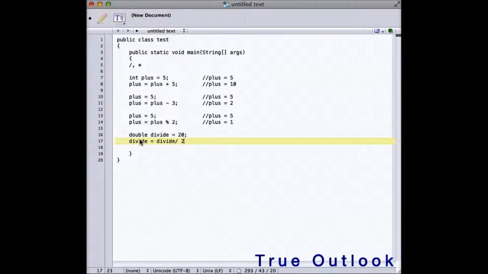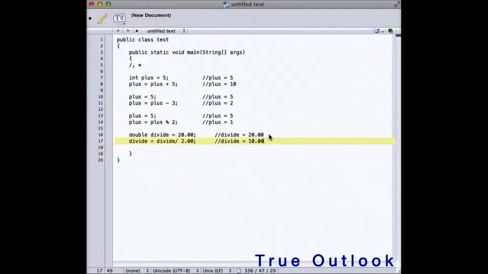So here, divide would be equal to 20, and this part here, divide would be equal to 10, because it's divided by 2. It's supposed to have a point zero on the end of it because it is a double, so it has places after the decimal spot.